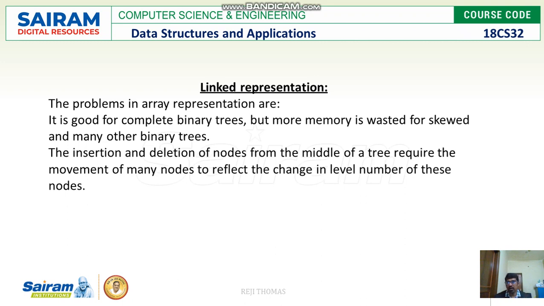We could do it, but it was time consuming. Many changes and movements had to be done. These two drawbacks of representing a binary tree as an array can be overcome using a linked representation. Let us see what it is.